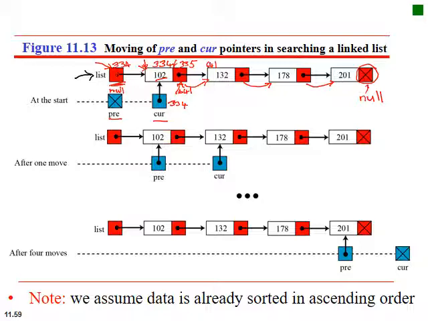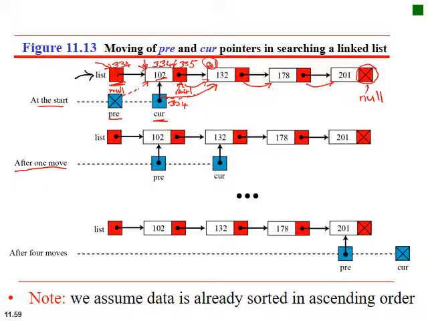Then what needs to happen is after one move, if I just show again here from the start, what will have to happen with the next move is that my current pointer now needs to point over there, and my pre-pointer or previous pointer needs to point over there. So basically my current pointer, by pointing over there, will need this address.